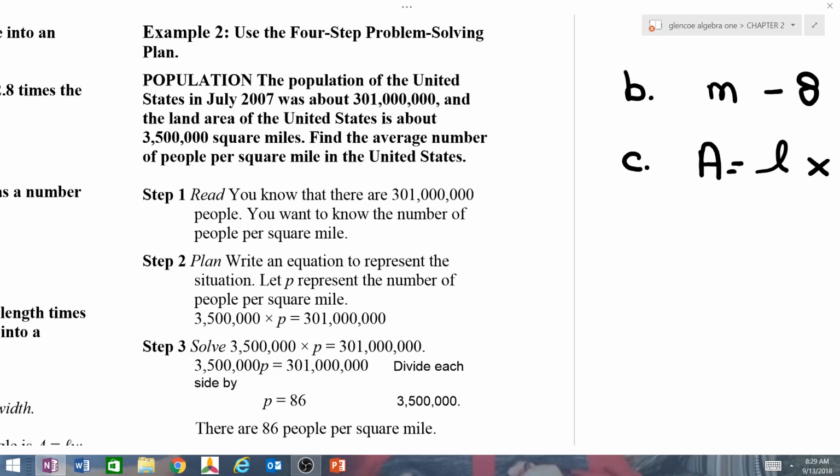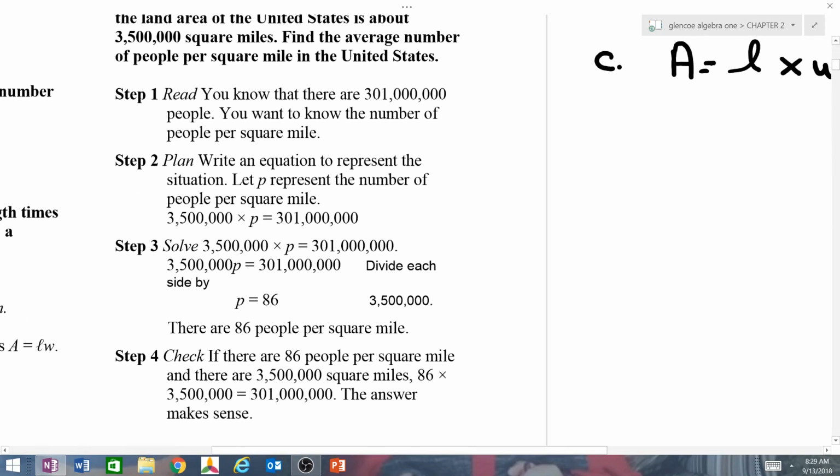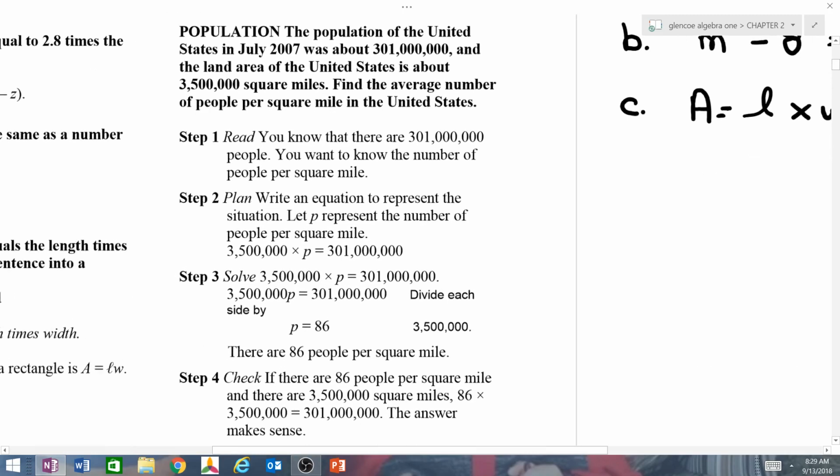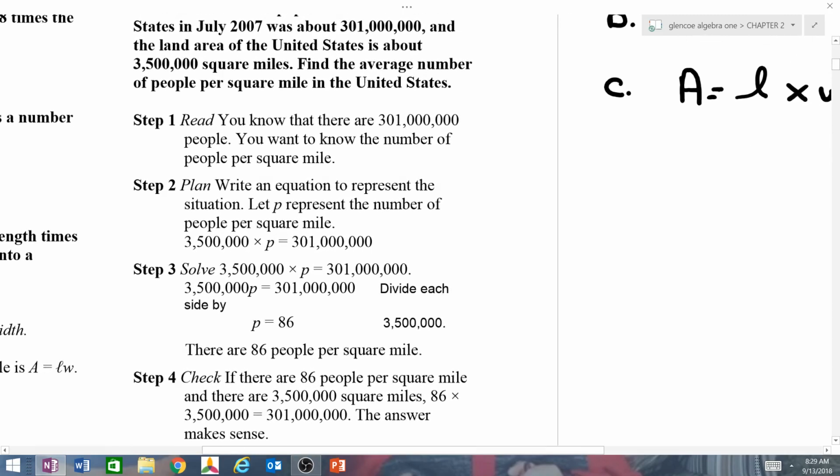So what we're going to do here is we're going to read our problem first. Then we're going to make a plan. Then we're going to solve it. And then we're going to examine it or check it to make sure it makes sense. So we know that there are 301 million people. How many people per square mile?